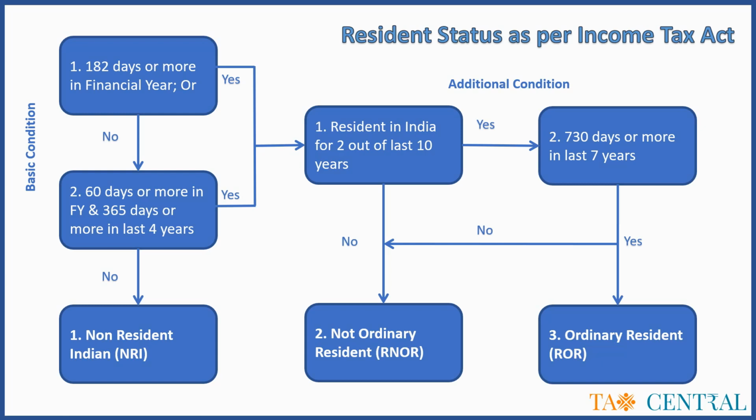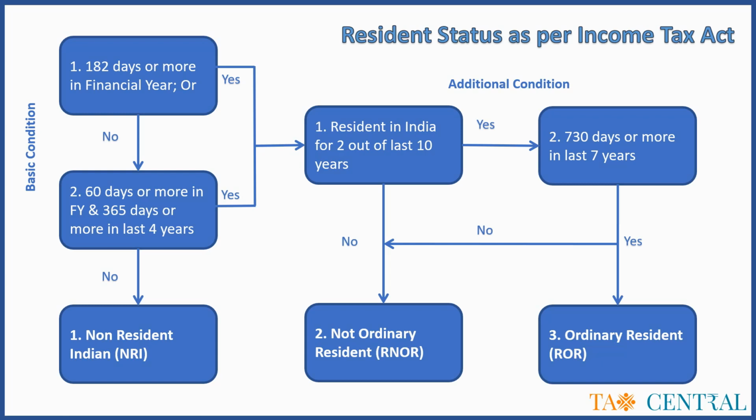Now if a person becomes resident, then we further classify into ordinary resident or non-ordinary resident by checking the additional conditions, as shown in this chart. If a person satisfies both the additional conditions, that is, he has been resident of India in at least 2 out of 10 previous years immediately preceding the relevant previous year, and he has been in India for a period of 730 days or more during 7 years immediately preceding the relevant previous year, then he will be an ordinary resident.